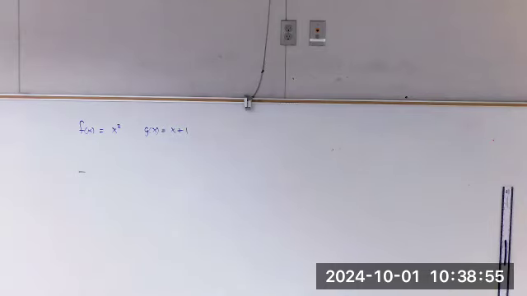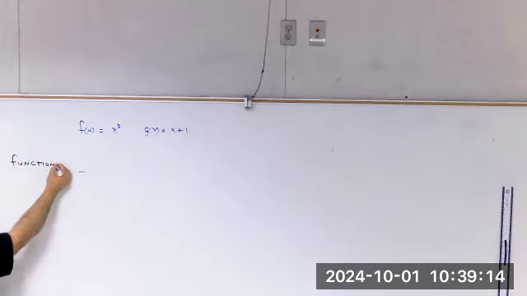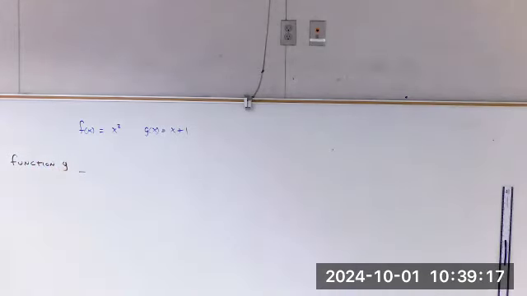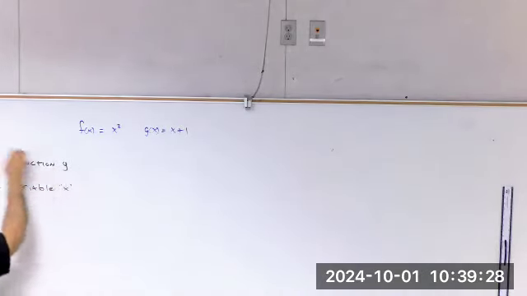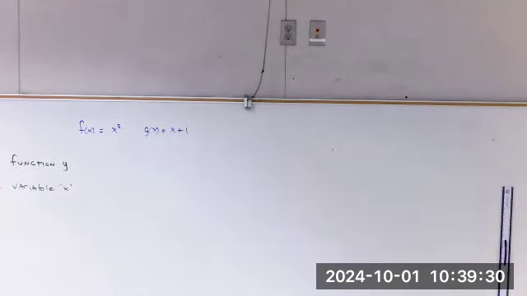So this notation, composition of functions, the way this is read, the actual wording, is function f circle function g of x, or of the variable x. Circle g of x. Circle function.